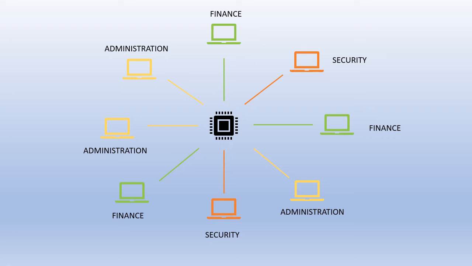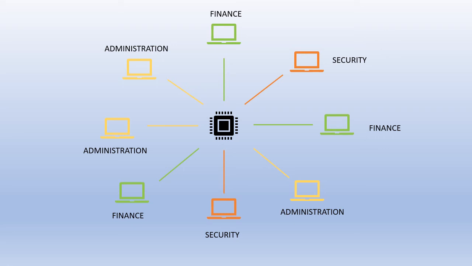The messages sent by the security department should be only received by other members of the security department. But the default behavior of a switch does not permit this. Any transmitted message will be forwarded to all the hosts connected to the switch. So, to resolve this problem, we make use of VLANs.